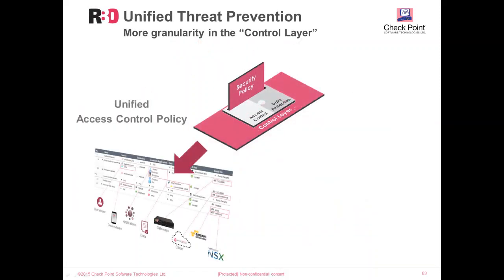So the unified access control policy allows granular control down to application and data level of interactions between different segments that the enforcement point is controlling. Rule bases allow multiple different threat prevention profiles per gateway as well inside the control layer, where we can define protections per access profile, zone, VLAN, network group, host, and so on.